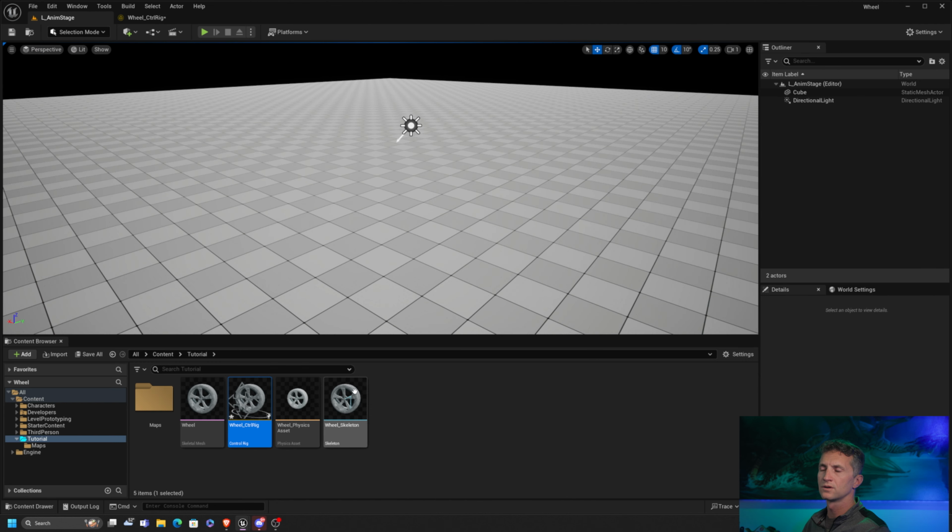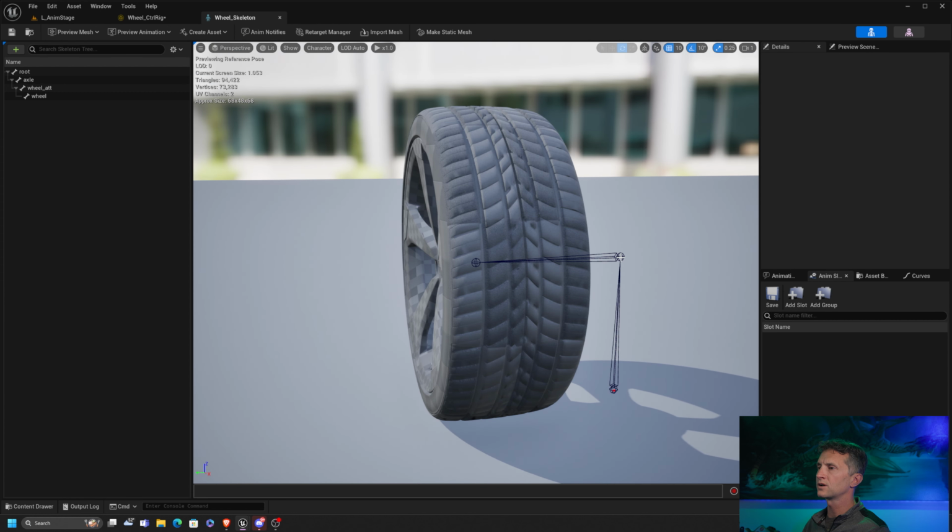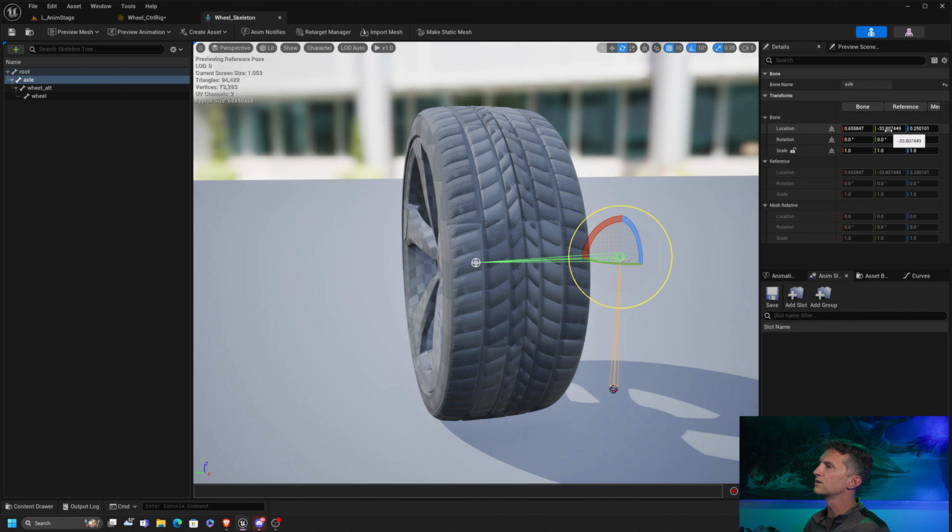If we look at the translation on this joint, we can see, even our joint translations are messed up, this is about 34 in y. So let's call it 33.8.